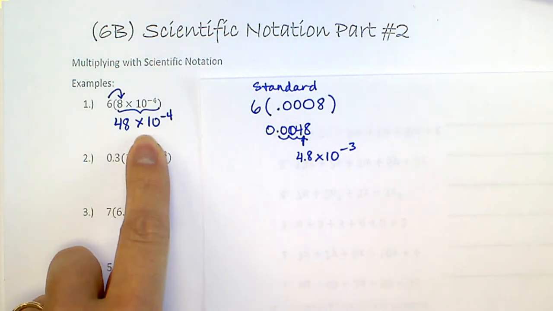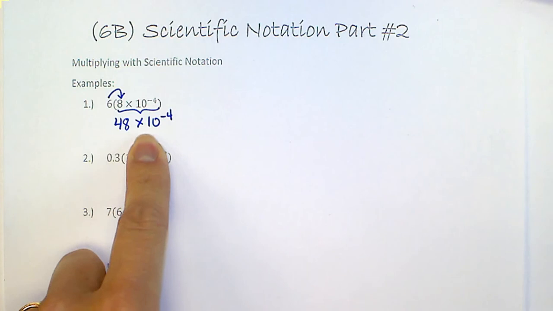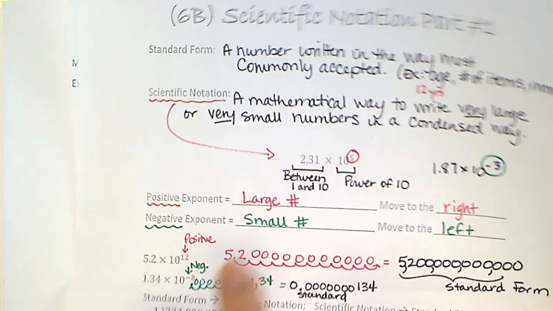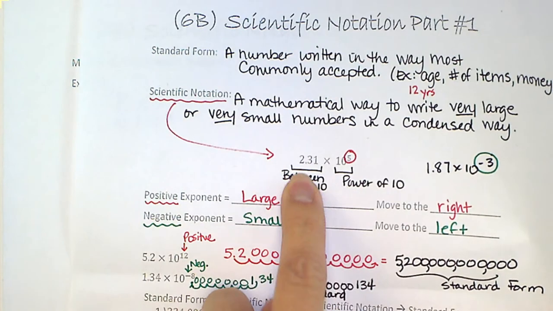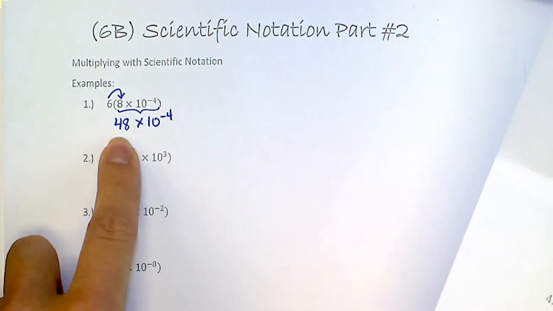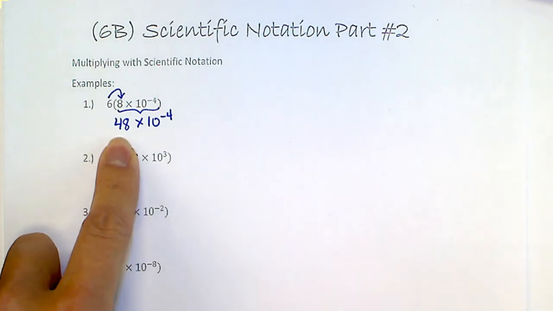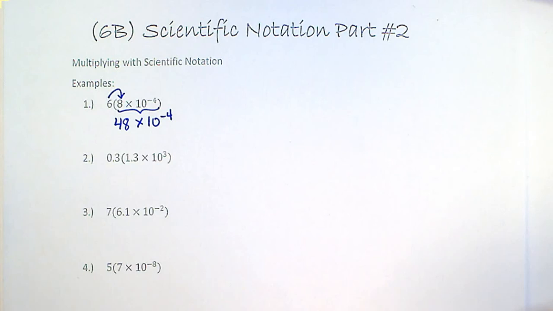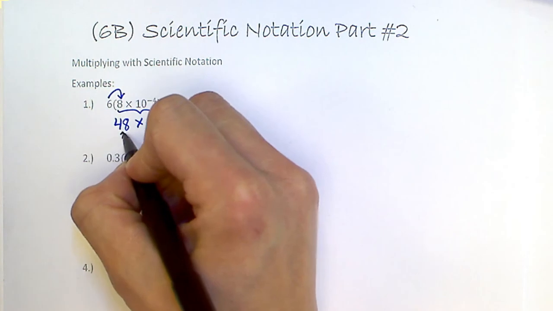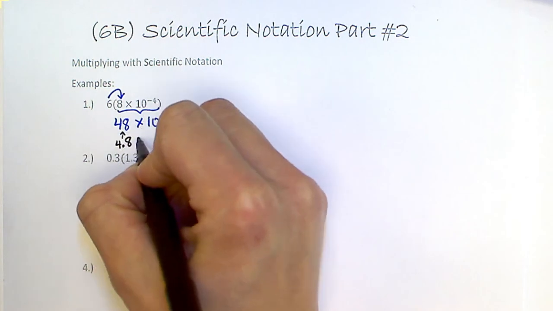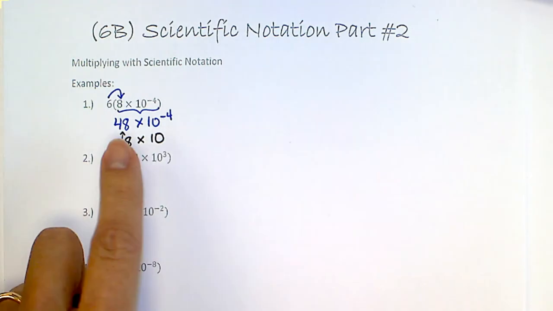Remember, when we did scientific notation in the previous lesson, we said that the number has to be between 1 and 10. Well, 48's a little too big. So what we need to do is just put the decimal in. We can put 4.8 times 10, but that means we need to adjust that.